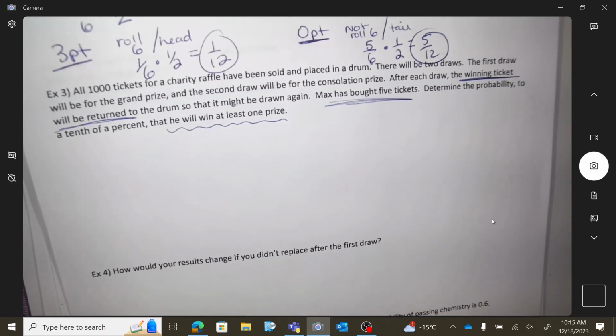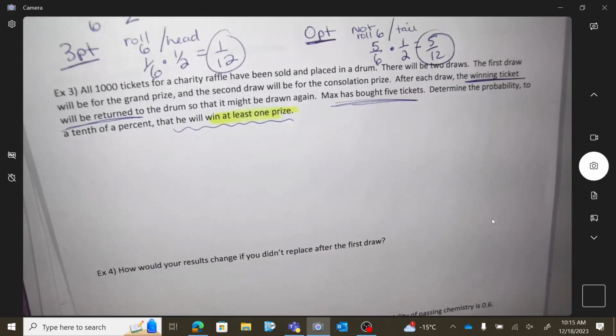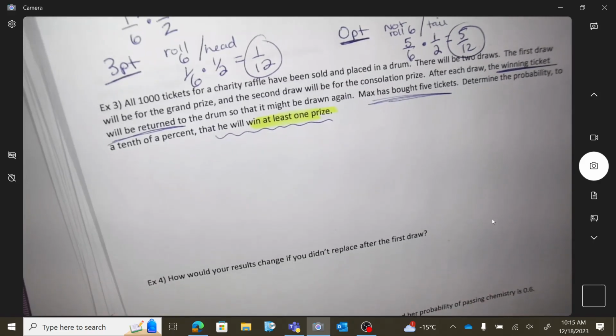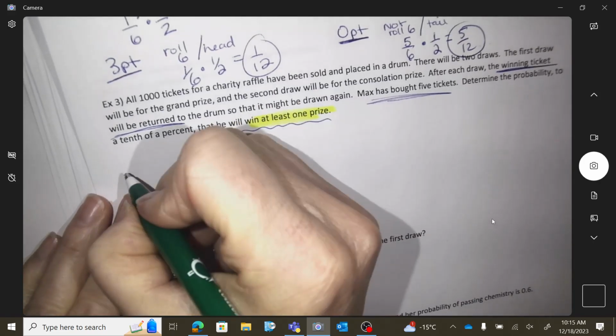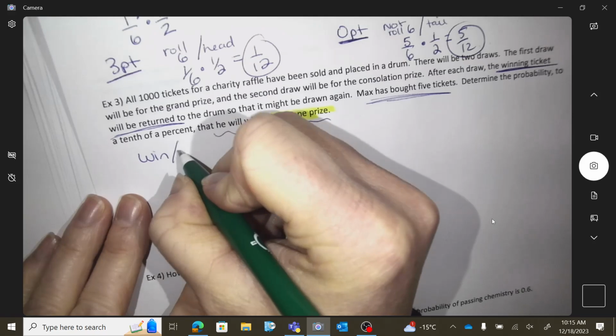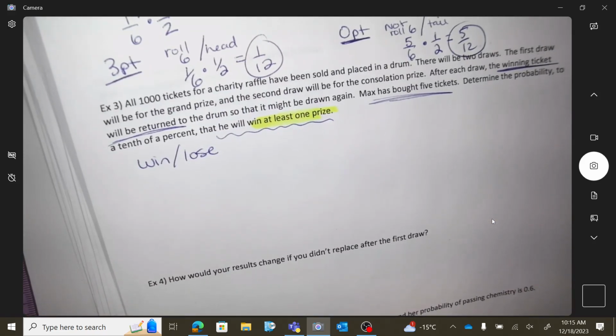So that wording, at least 1. What does that mean? At least 1. He could win 1 or he could win both. So let's talk about he could win and then lose, right? The first draw he could win, but on the second draw he wouldn't.